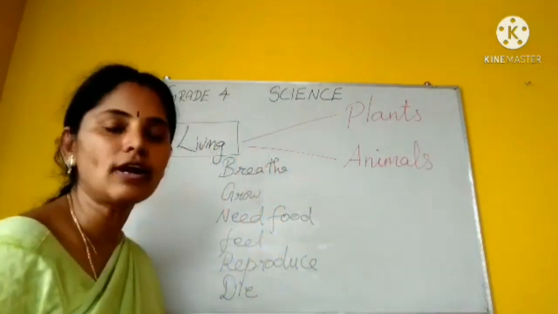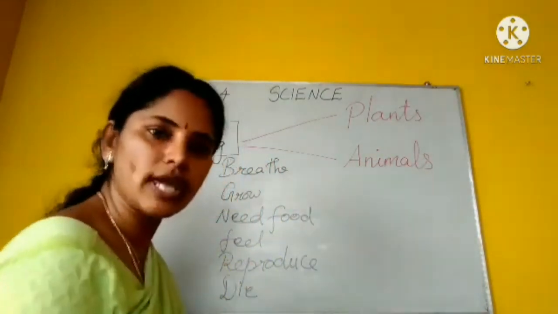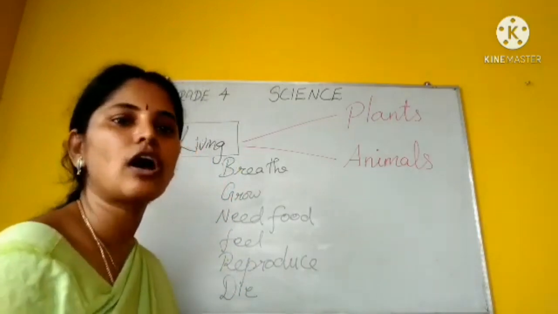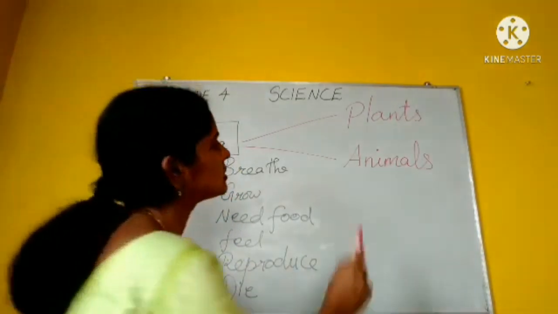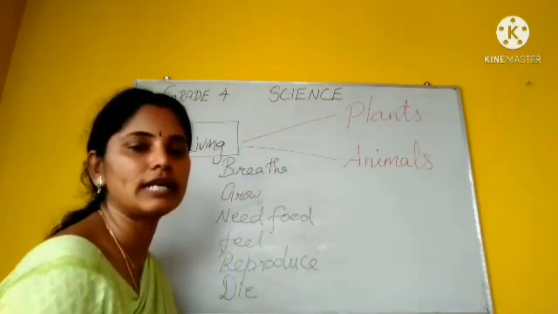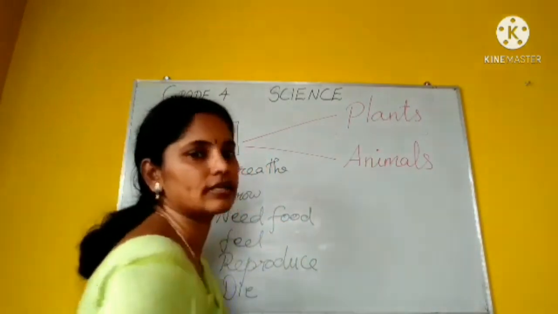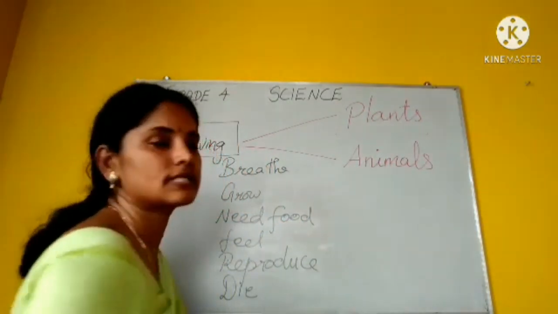Plants and animals are living things. In today's video class, we are going to see only about plants. Clear, children?